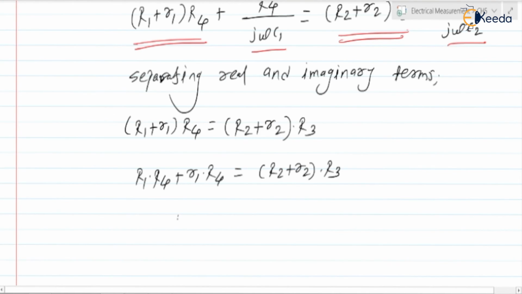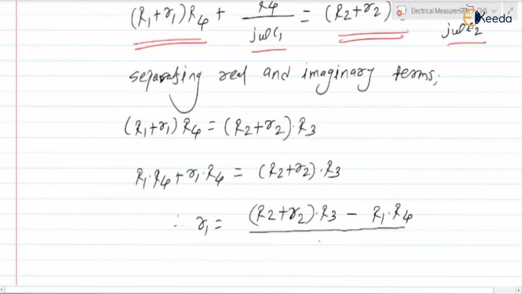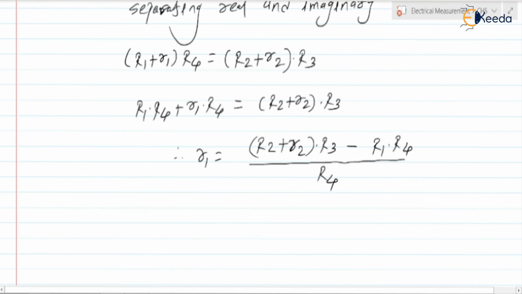Therefore small r1 is equal to r2 into R3 divided by R4. So further we can write it as r1 is equal to r2 into R3 divided by R4. This is the expression for small r1.